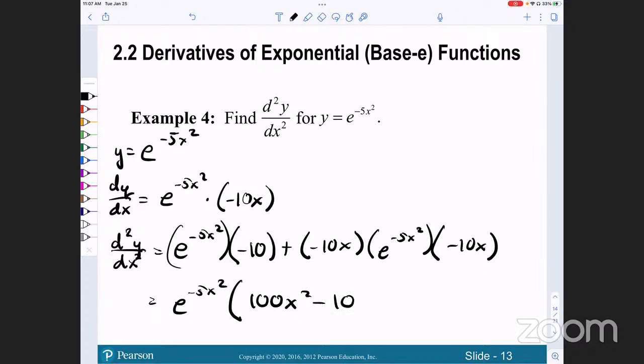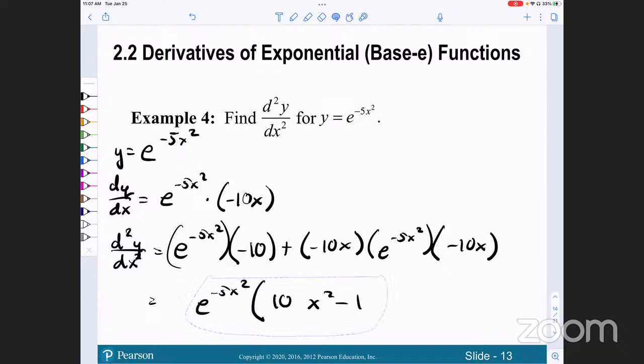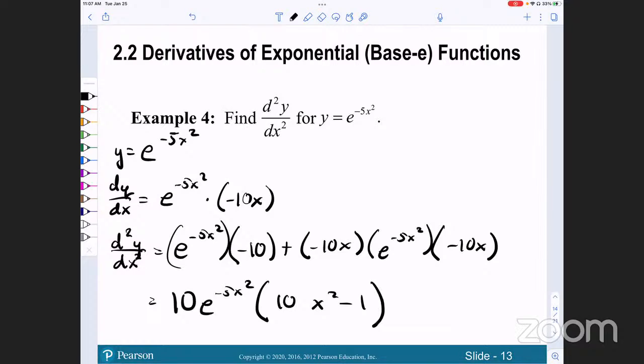And we could actually factor out a 10 as well. Let me go ahead and factor out that 10. So that's going to turn this into a 10, turn this into a 1, and the 10 can go here. Ten goes there, that's a 1. Get this.